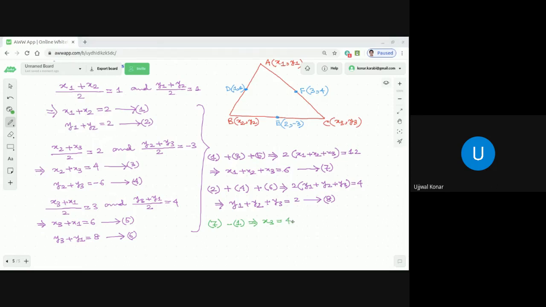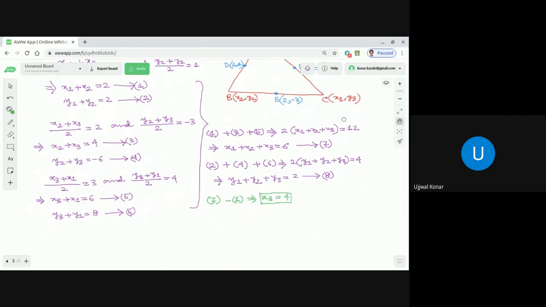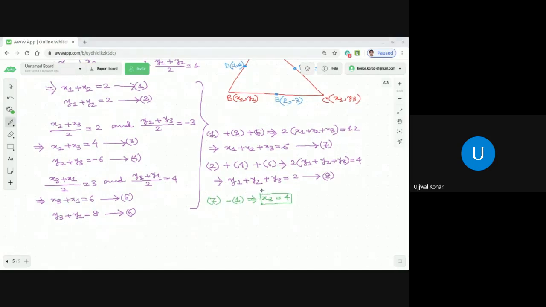So the x3 value we get is 4. Any doubt, please do let me know. In the similar manner, we can do equation number 7 minus equation number 3, both sides of the equations. That will give us the value of x1. And x1 should be equal to 6 minus 4, that is equal to 2. x1 is equal to 2.